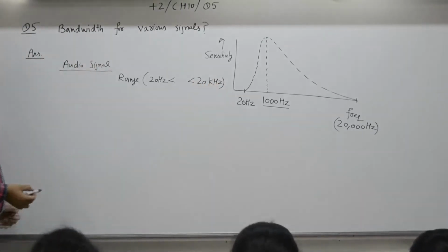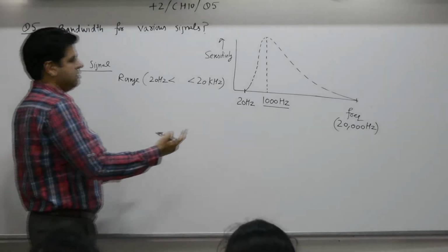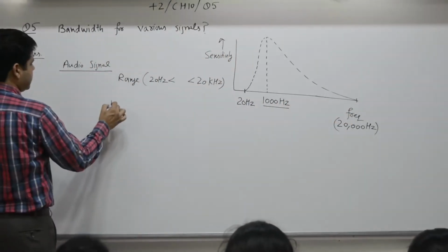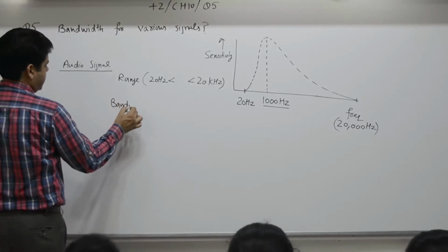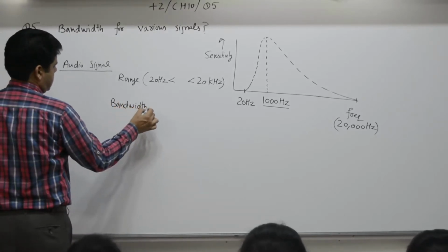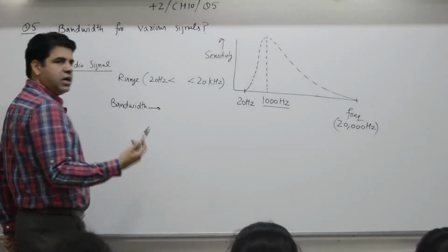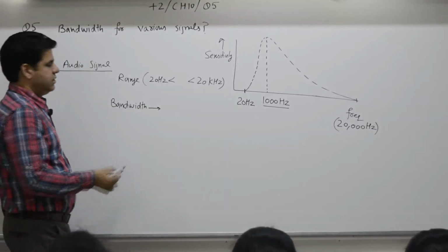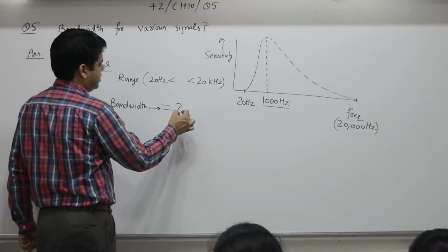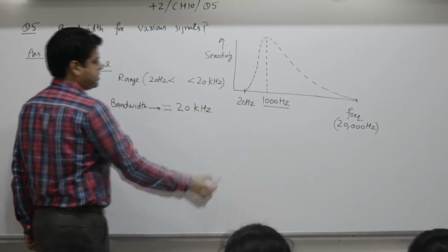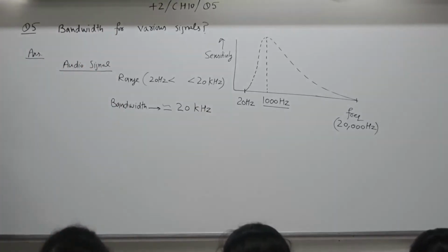Bandwidth means the difference of the frequencies: 20,000 minus 20, almost equal to 20,000. So approximately 20,000 hertz, 20 kilohertz. This is one, audio signal.